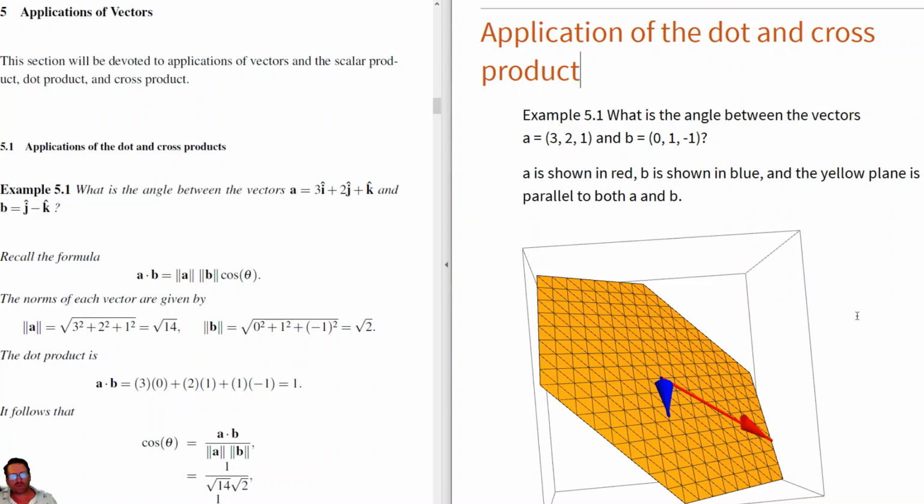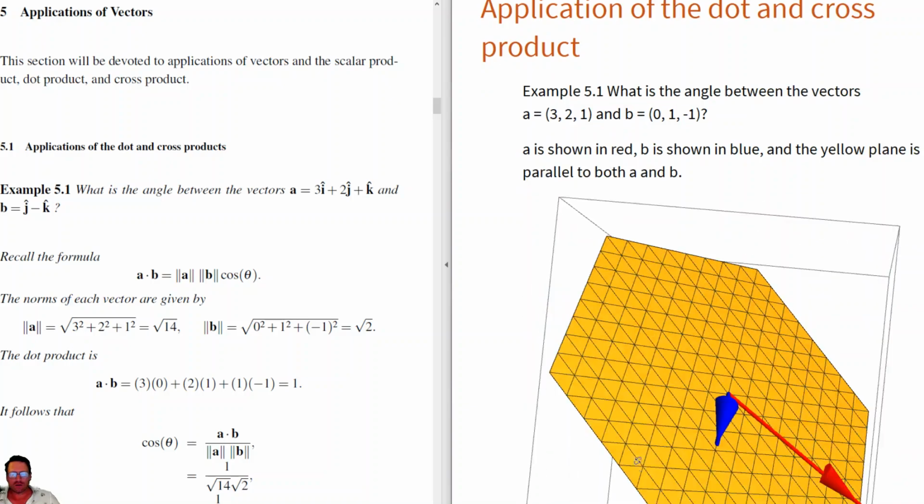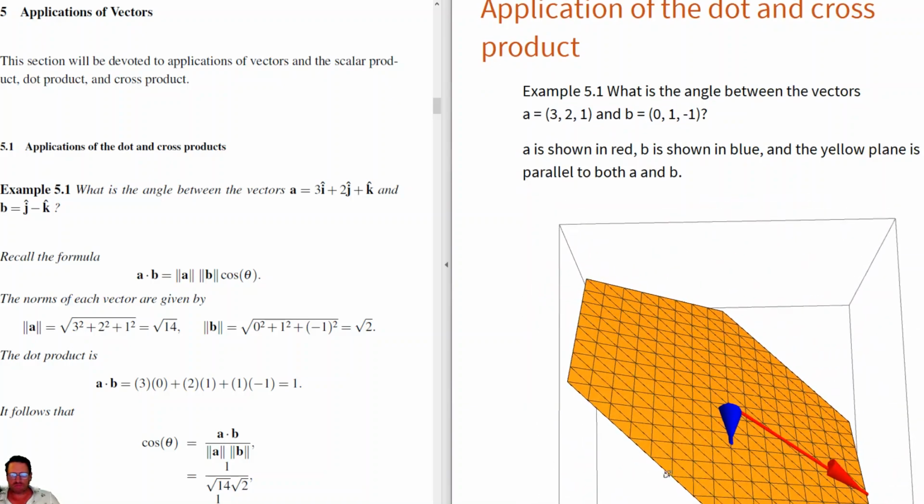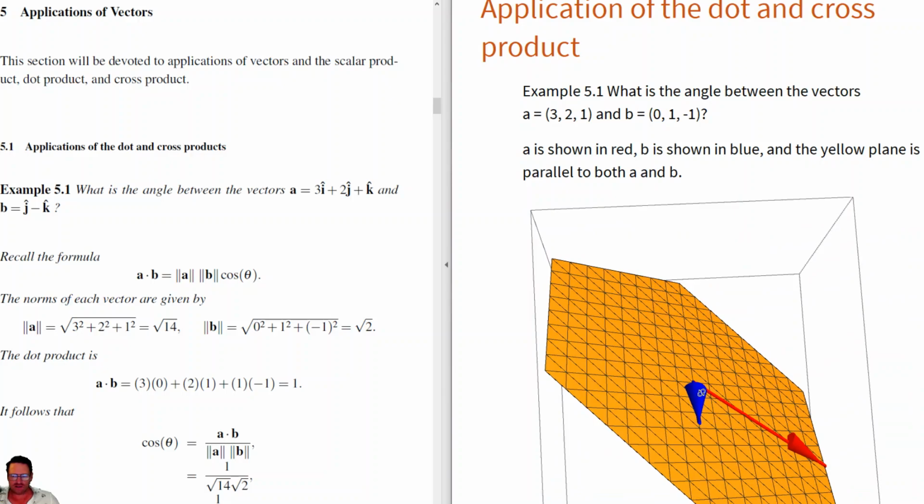But what's the yellow plane, you might ask? So the yellow plane there is the plane that is parallel to the two vectors that also contains the point, say (3, 2, 1), on the plane, right? Because remember, you can move these vectors around. I could shift this vector.